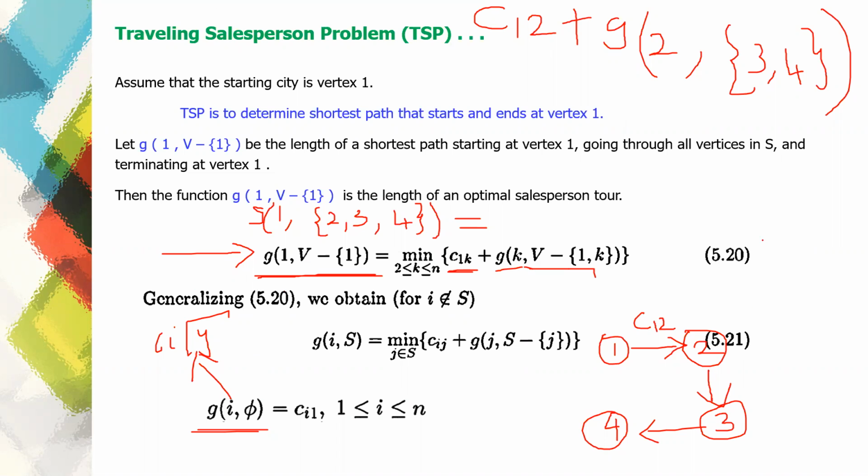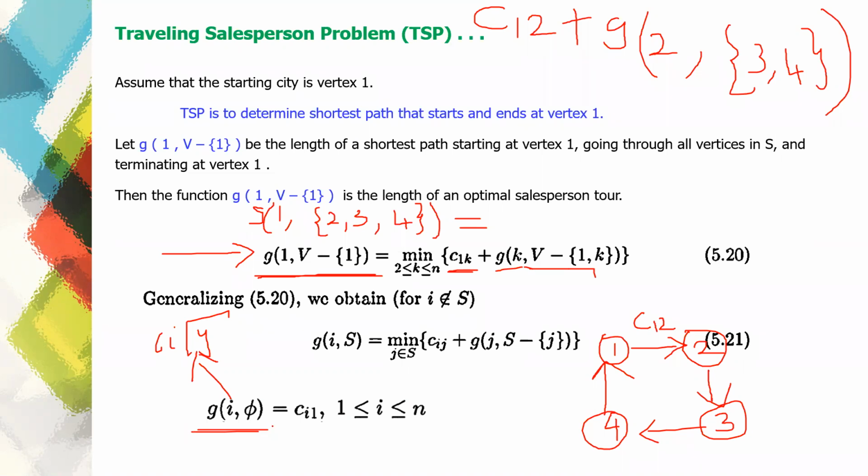So what I'll do is reach back to the starting city, wherever I started. That is represented by a cost function, which is G of i, null. I have reached some ith city from where I have to return to the starting city.